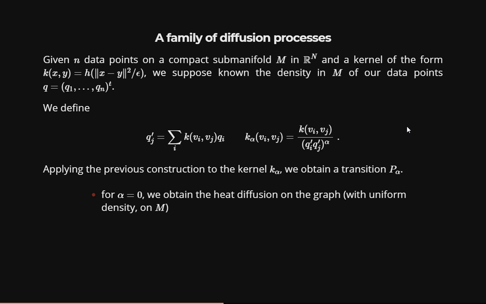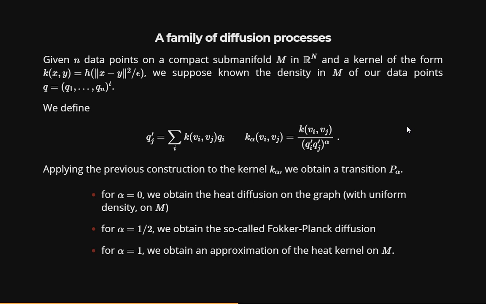The whole point here is that the heat diffusion on the graph is the heat diffusion on M if the density is uniform. For alpha equal 1/2, we don't care, but we obtain something which is called Fokker-Planck diffusion. For alpha equal 1, we obtain an approximation of the heat kernel on M.